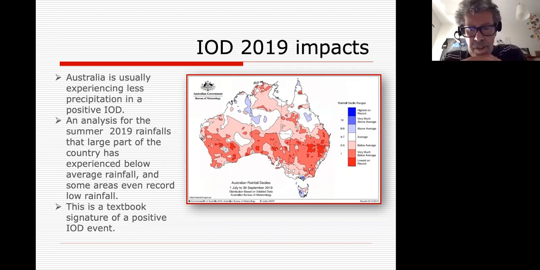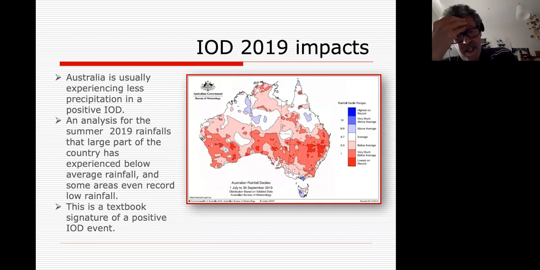In some areas, not only in the eastern part as expected but also in the western part, and in the eastern part a record low rainfall. This can be seen as a textbook example of the signature of a positive IOD event in Australia.